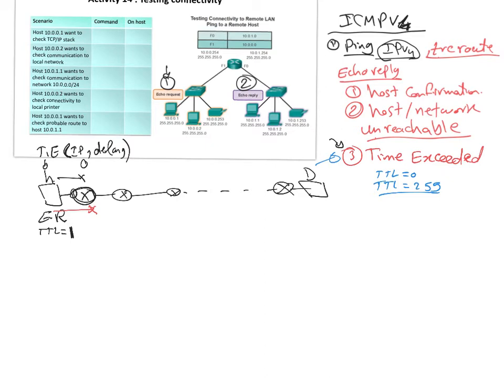Then we send another echo request with TTL, this time equal to 2, which means that this echo request will stop at the second hop, and then we get time exceeded. And we keep doing this until we get a feedback that is not time exceeded, either a confirmation or some kind of error.